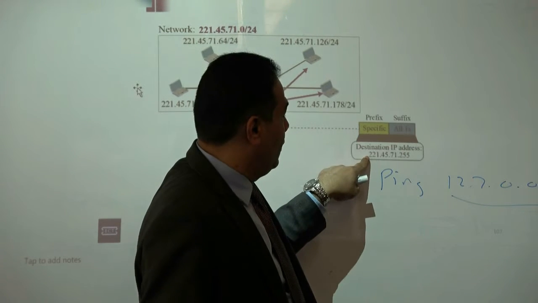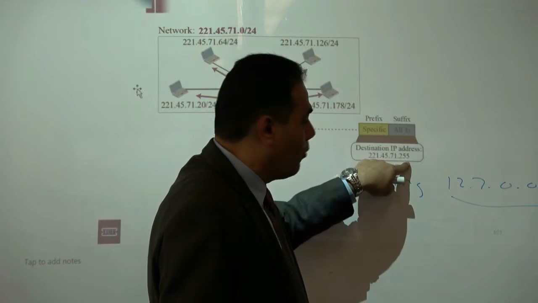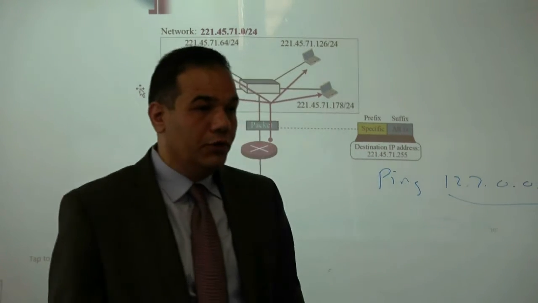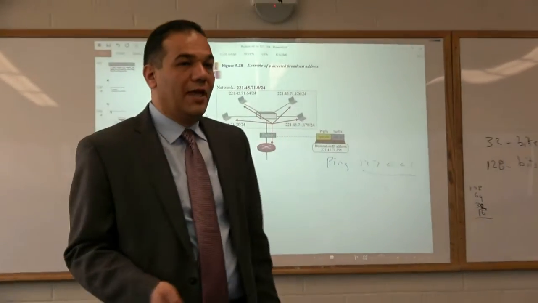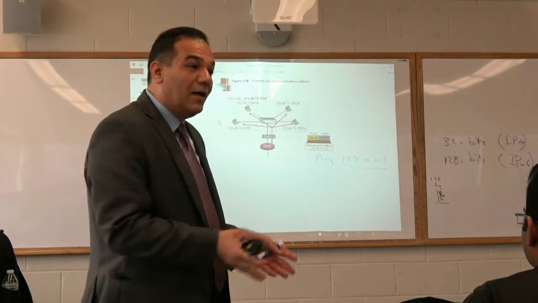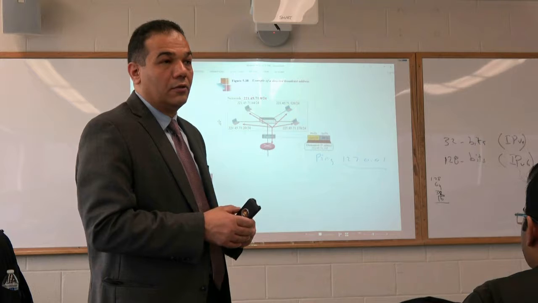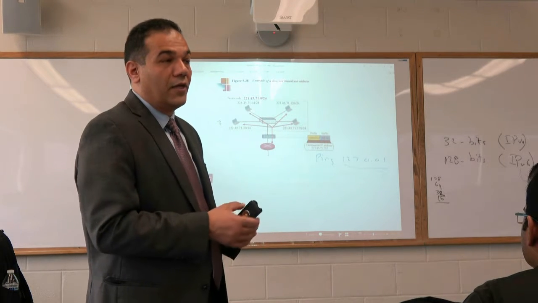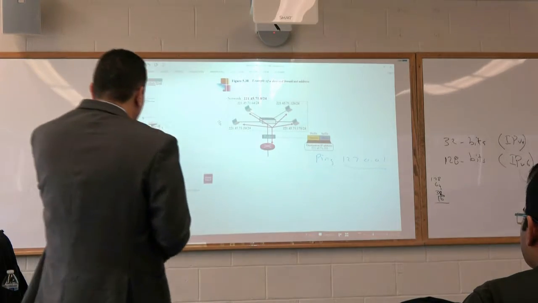If you send a message and the destination address is all ones, that we call limited broadcast. It will broadcast in the local network. It does not go beyond routers. So that's another special IP address.